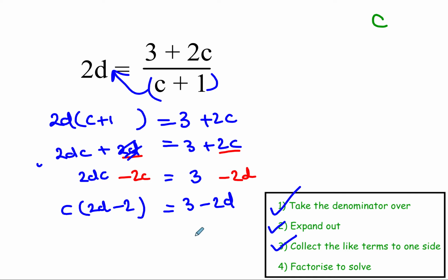As I'm making c the subject, I'm going to bring over this to the other side, and that's going to be my denominator of my fraction. So 3 minus 2d is on top. This entire bracket gets moved over to the other side and c is left, making that the subject. So these type of questions would be 4-mark questions.